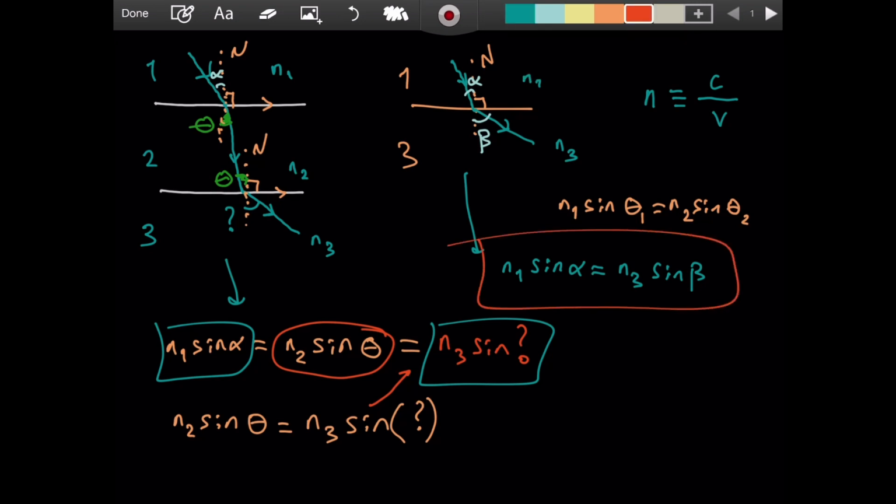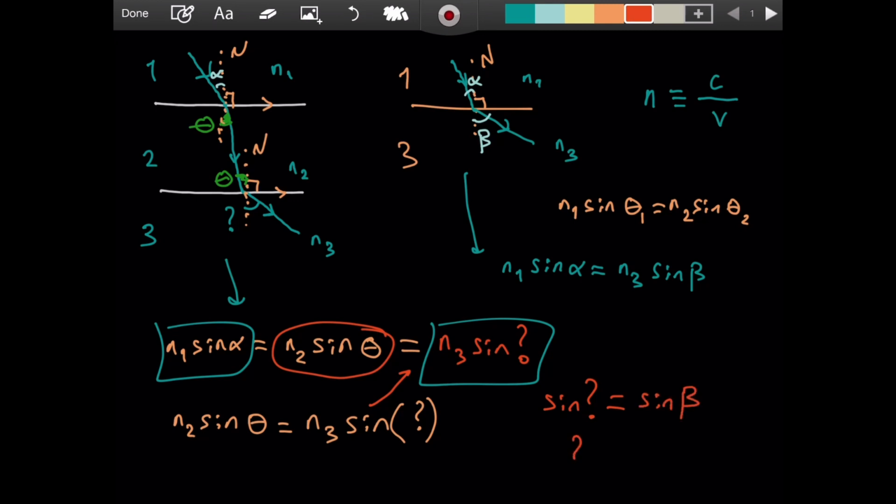But we also had this. This means since n3 is constant, sine of question mark should equal sine of beta. That is, question mark was beta. The angle of refraction was beta. The angle that the exiting light made with the normal was beta.